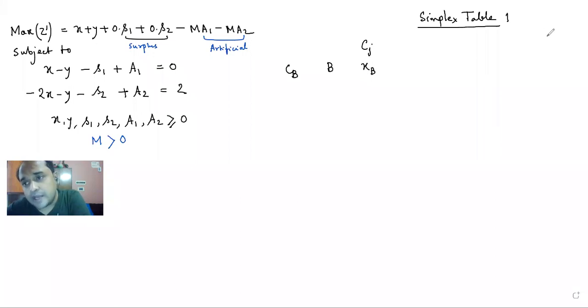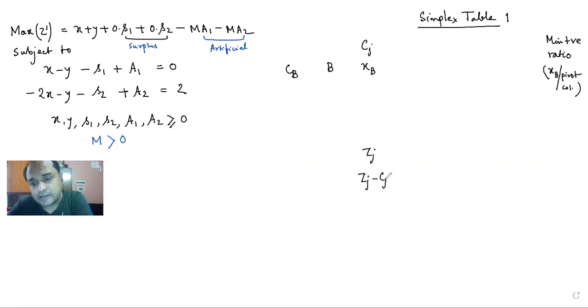We are going to write minimum positive ratio, XB by pivot column, and below that, we are going to write ZJ and ZJ minus CJ. This is the format, and you know what to do next.